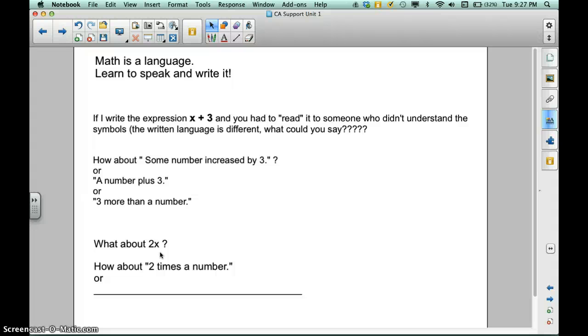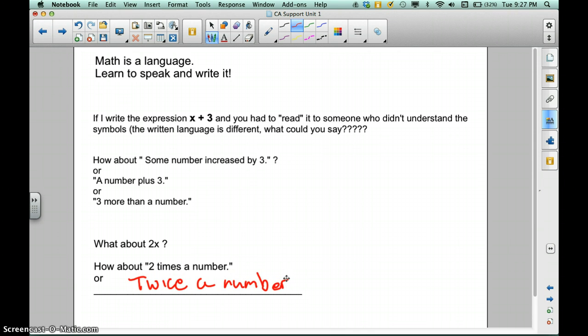And so one way to say 2x in words is to say 2 times a number. Can you think of another way to say it? What about twice a number? Saying twice a number means you're going to multiply it by 2, doesn't it? And you might be able to think of even other ways to say that same algebraic expression.